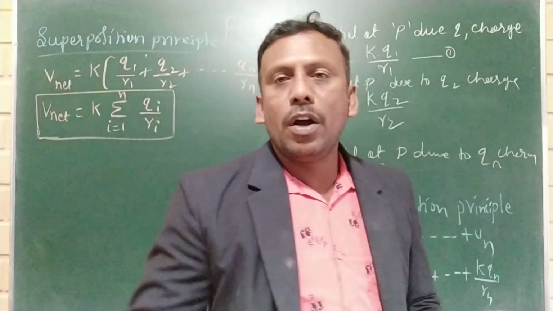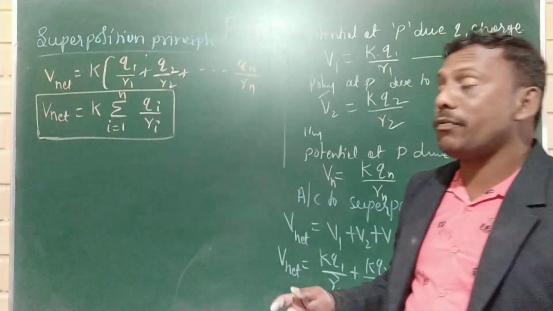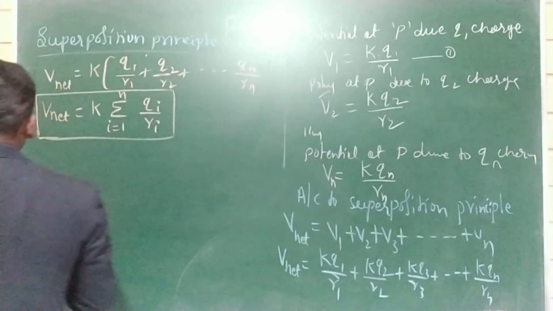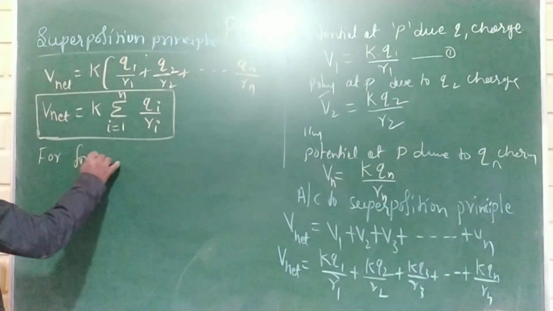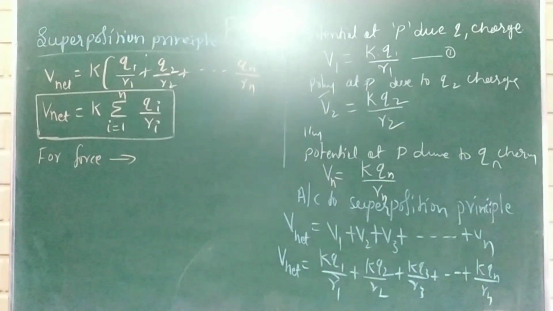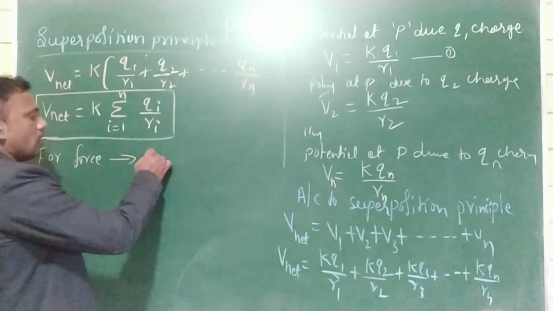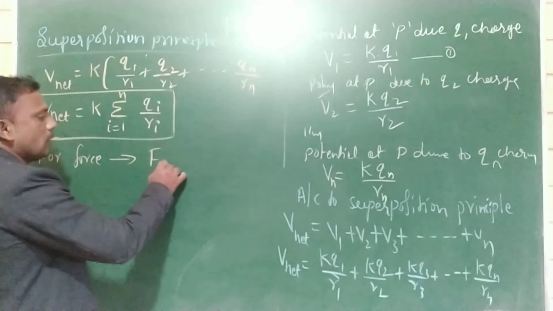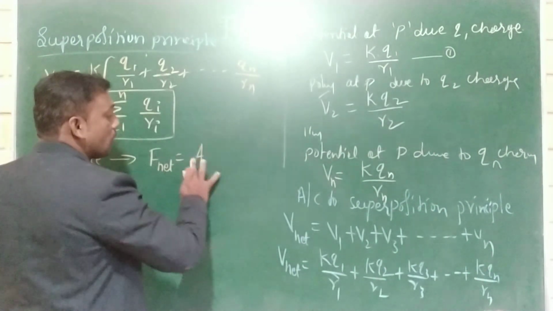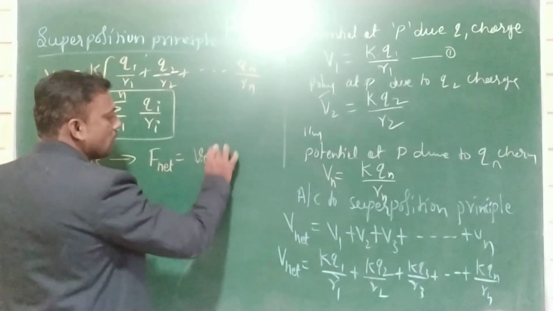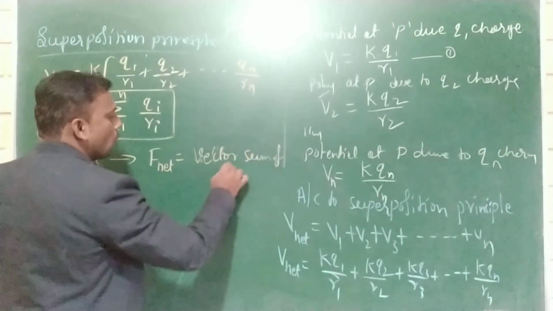For electrostatic forces, according to the superposition principle, F net is equal to the vector sum of forces.